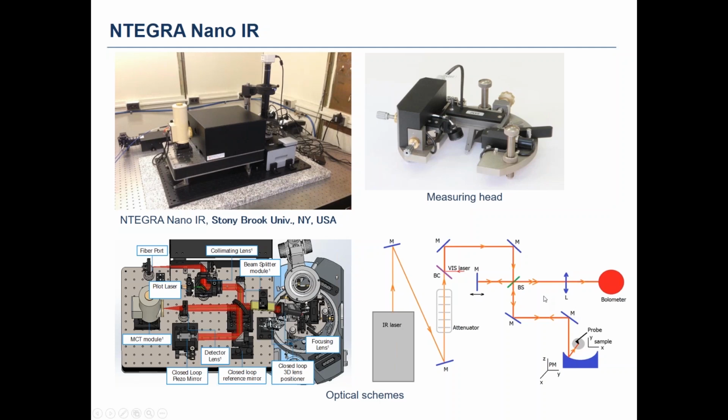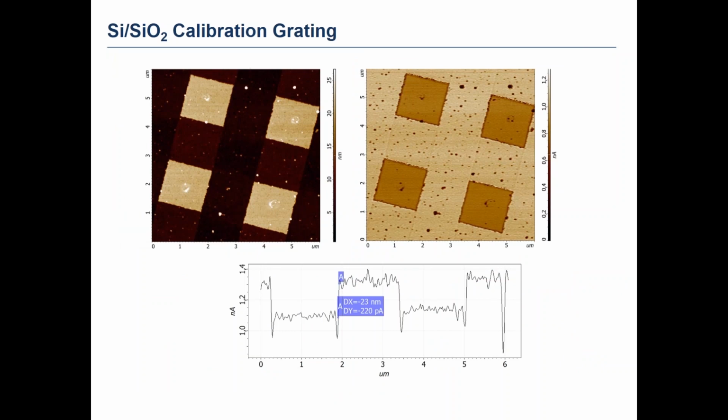Well, the initial tests were done on a quite simple sample, for example, a calibration grating that consists of a silicon substrate with silicon oxide squares made on it. In the left picture, we can see the topography of the sample, and on the right, the optical response, the scattering s-SNOM response.